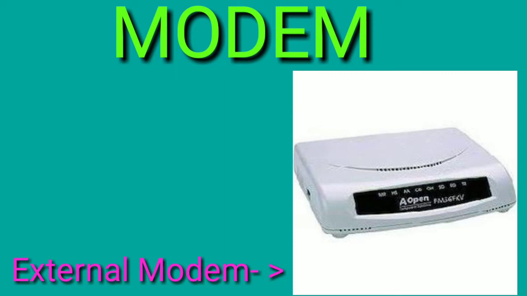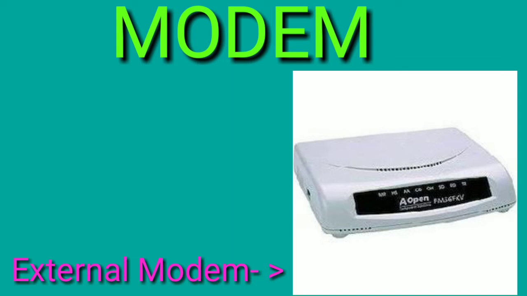Next is the external modem. An external modem is a modem that is installed outside the CPU. An external modem connects to the CPU via the COM port, or we can say the USB port. This type of modem typically uses a separate voltage source in the form of an adapter.